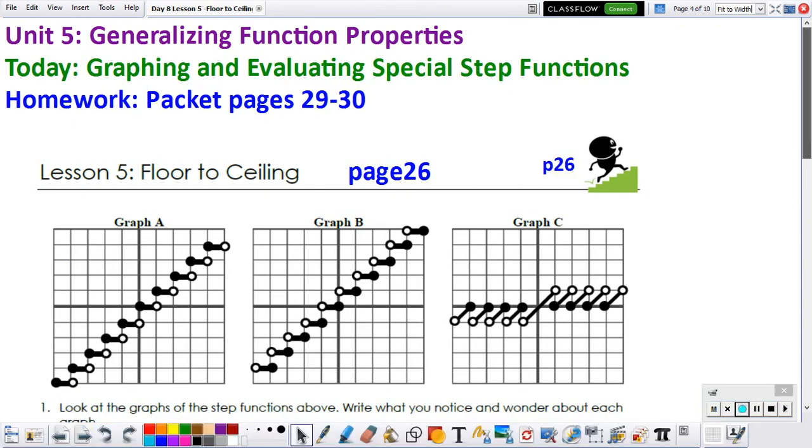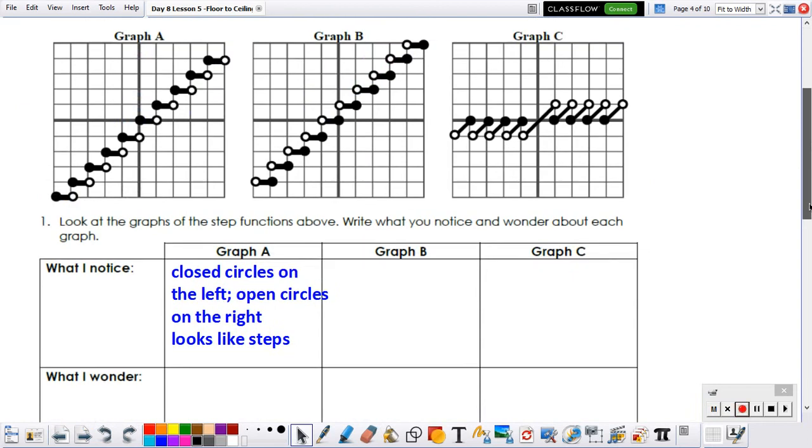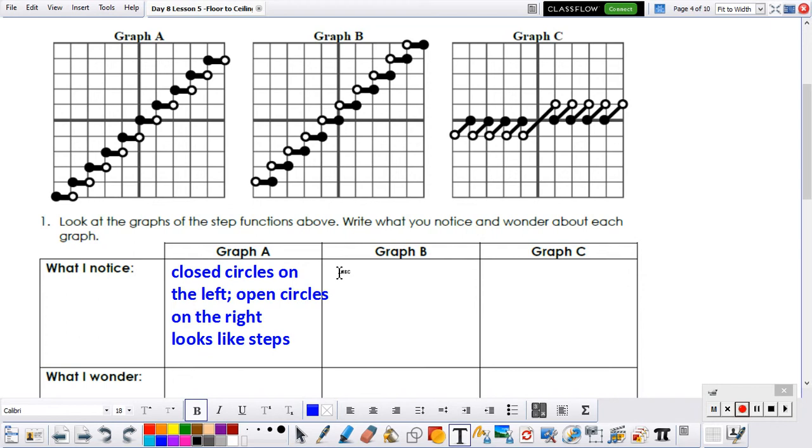Okay. So hopefully what you noticed for graph B was that we have closed circles on the right now, open circles on the left. And again, they look like steps. It looks like little steps leading up somewhere to infinity.